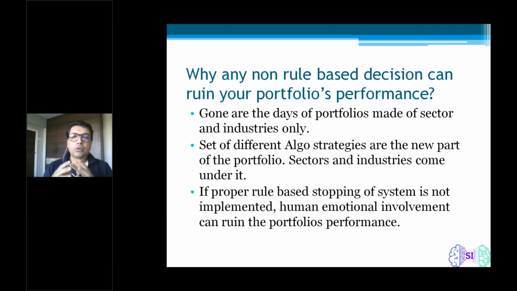At this particular stage, if there is human involvement, human emotions can divert the rule-based system into a discretionary trading system, which is not what we want, as there is no rule to stop it or turn it on and off.